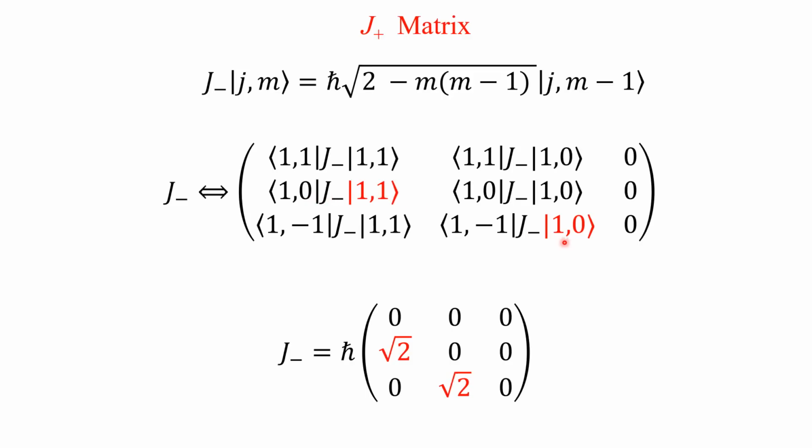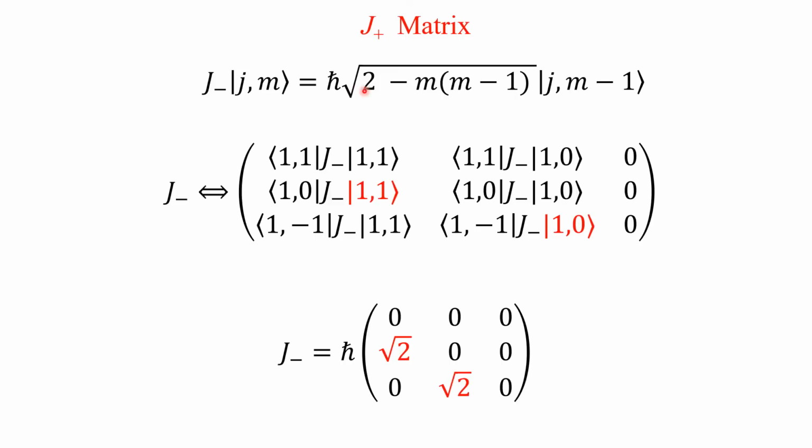Similarly here, when the j lowering operator acts on m, that is here m is 0, so this will become minus 1. Here 1 minus 1, here 1 minus 1. So only these two terms exist. So if you apply this value m equal to 1, means 1 minus 1 0, this second term will become 0. Here m equal to 0, so this will become 0.